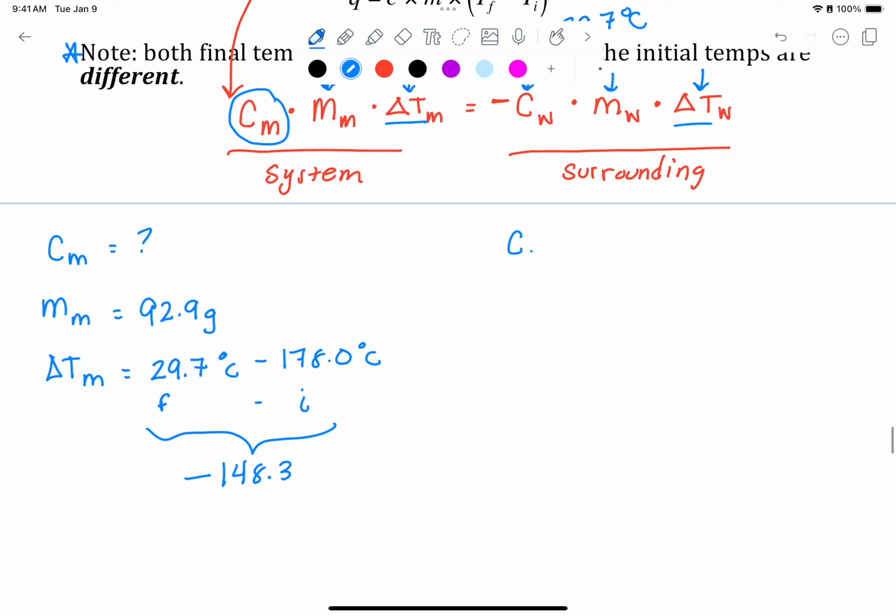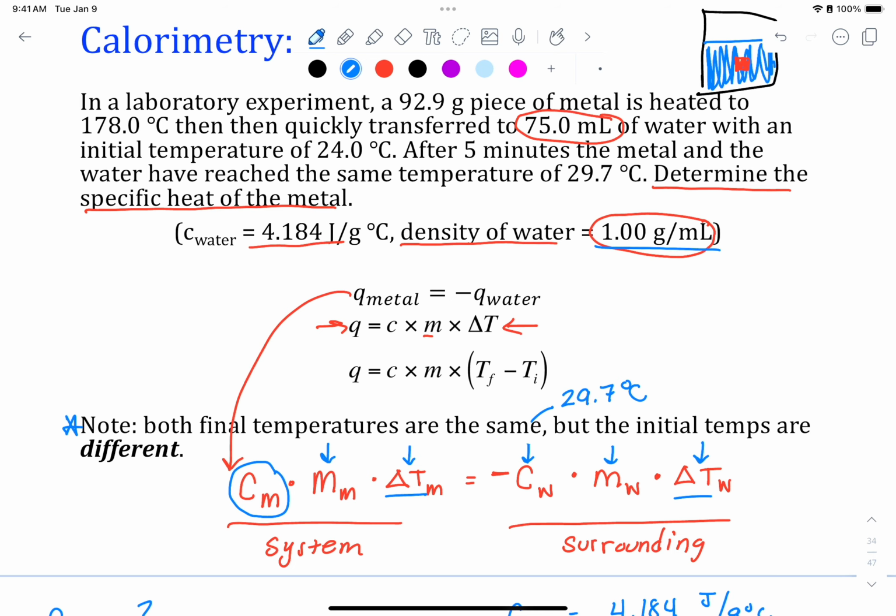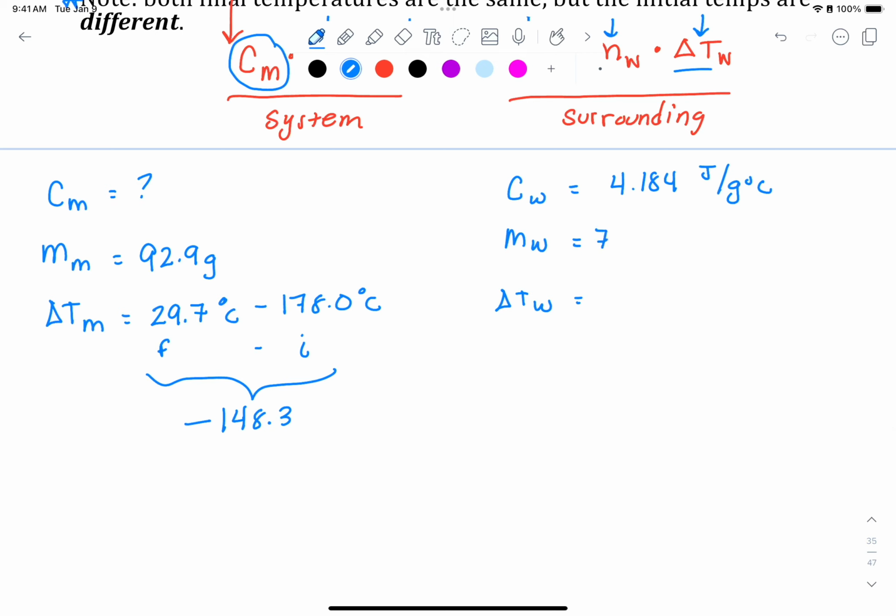We could do the same thing for C of water, mass of water, delta T of the water. The C of water is 4.184 joules per gram degree Celsius. For the mass of the water, we have to use our density of water and our volume of water. We have 75 milliliters, and the density of water is 1.00 grams per 1 milliliter.